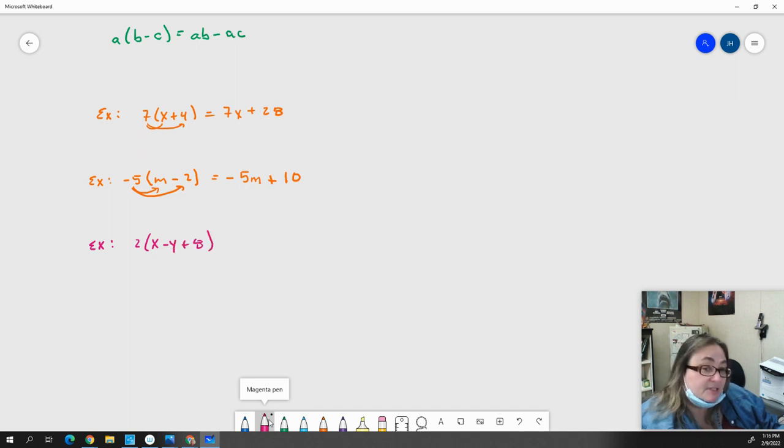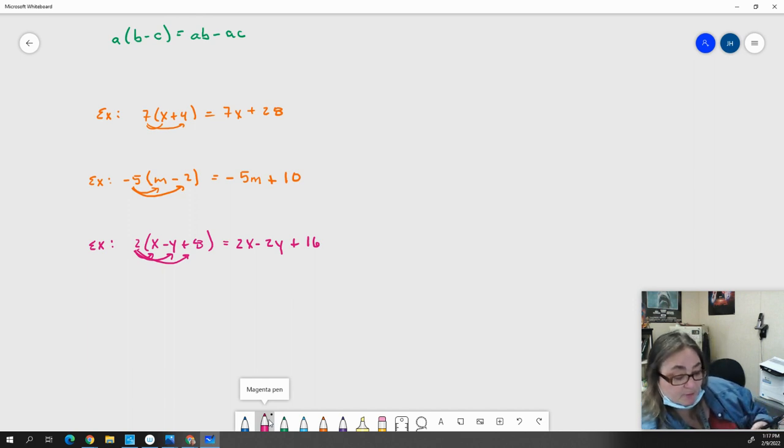So I have 3 components in here, and I can still rewrite this as 2 times x equals 2x. 2 times minus y is minus 2y, and 2 times 8 is plus 16. So we can multiply it through more than just 2 pieces, right? Anytime we have anything in the parentheses, we can multiply it to each piece and need to multiply it to each piece in the parentheses.